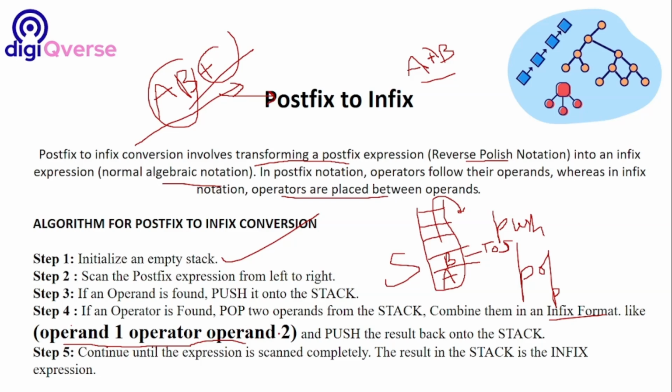Then push the result back onto the stack. So we push A plus B once again onto the stack. That means if I pop B and A from the stack, the stack is empty again, and the overall expression A plus B is put onto the stack.